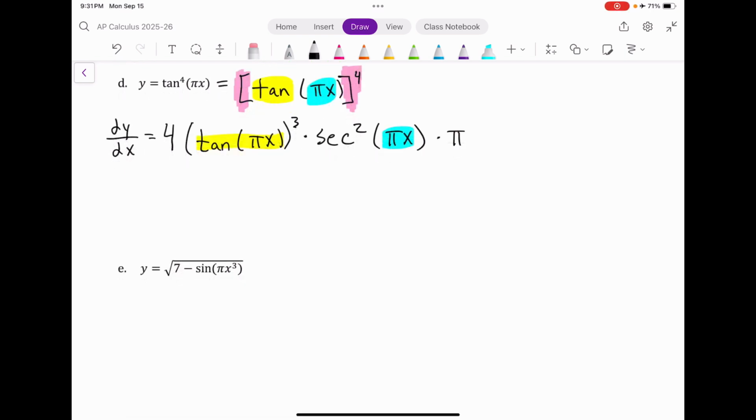Okay, so we can't do anything with this, so we'll leave it like that. We could move the 4 pi to the front, and maybe we could delete the parentheses right there. Times secant squared of pi x. Yeah, that might make it look a little bit cleaner. Okay.